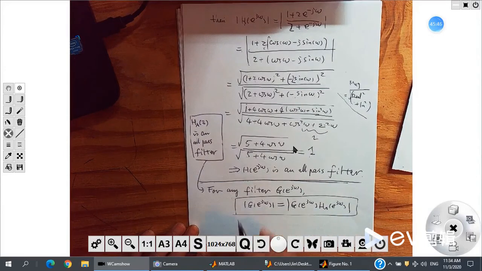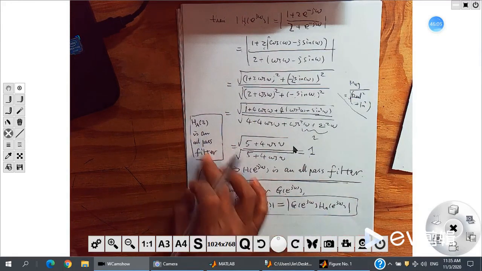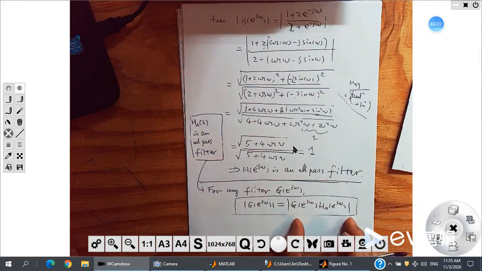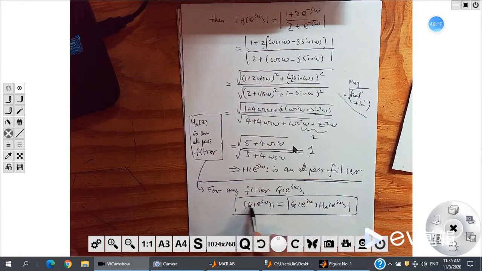So this is a very good feature. What I mean, suppose you design a filter. After you design it, you find it satisfies your requirement on the magnitude, but it doesn't satisfy your requirement on the phase part. Then you can use an all-pass filter to change it, to finally satisfy both conditions on the magnitude and the phase. Because multiplying by H_A only changes the phase.